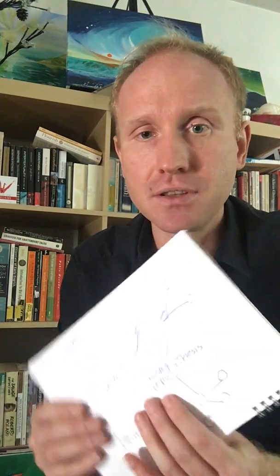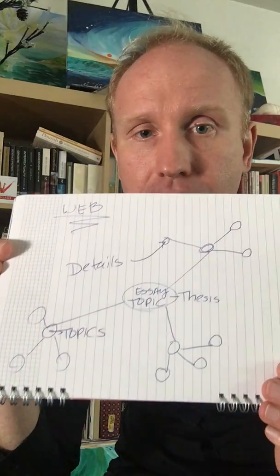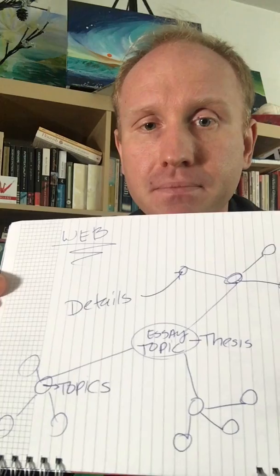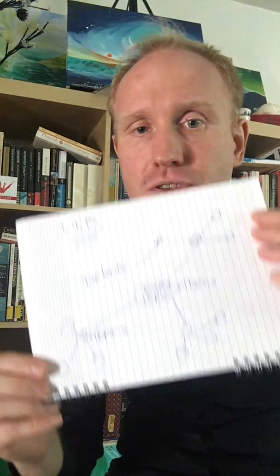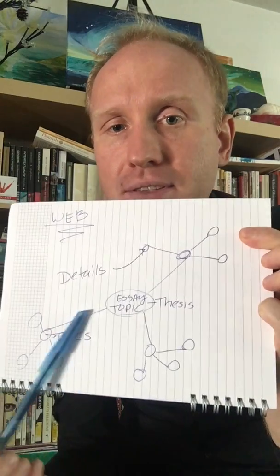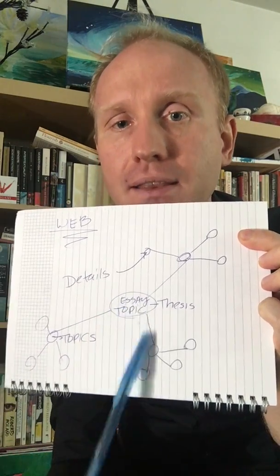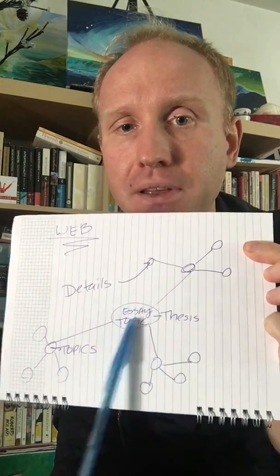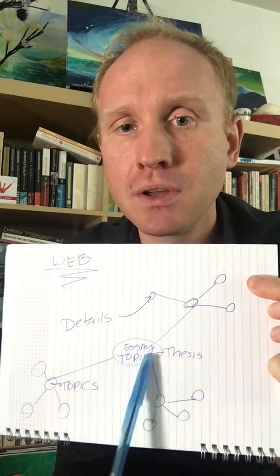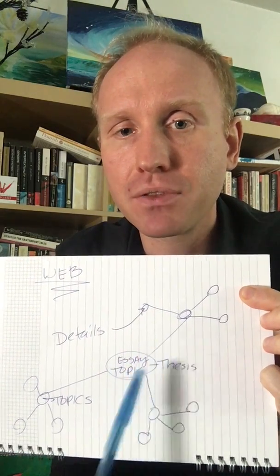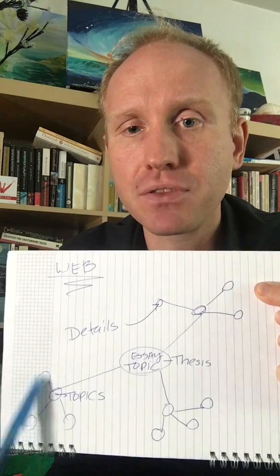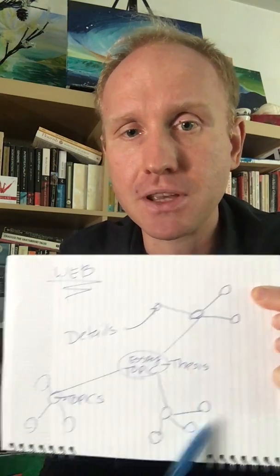The first is your web diagram, generically the most useful in brainstorming. So what you do is you put your thesis or your beginning thesis or your preliminary topic in the central circle, and then you have three arms that have three smaller arms from each.